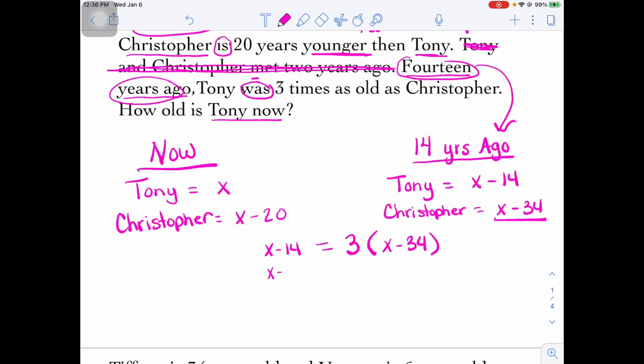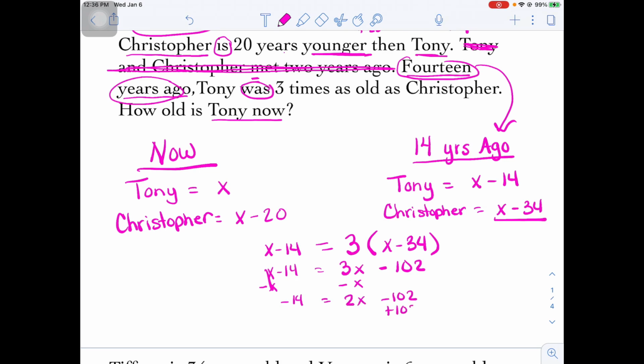So distribute first. So nothing happens over here. 3 times X is 3X. 3 times a negative 34 is negative 102. Now we're going to move our numbers and our variables. So I'm going to move my variable first. It's positive X, minus X, minus X. These are now gone. I'm left with negative 14 here. 2X minus 102.